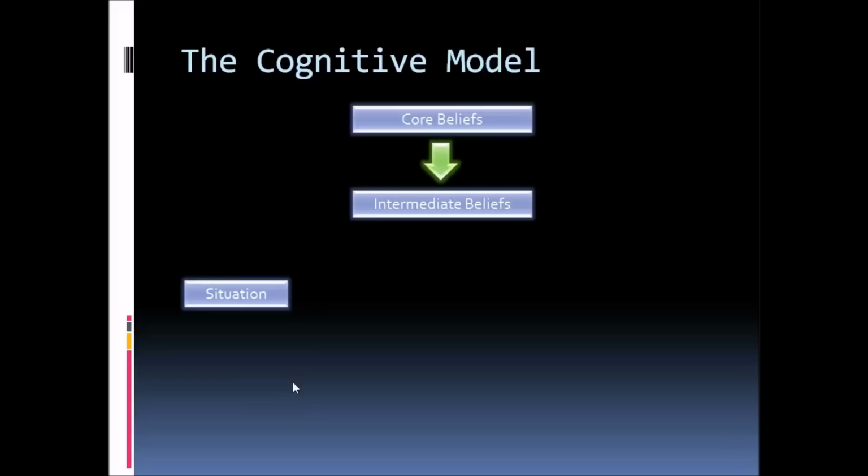So the client has these deeply held beliefs, these core beliefs, that they're unlovable, and probably unlikable as well, and unattractive. So the intermediate beliefs, which would be more the attitudes, the expectations, the assumptions, for a client like this might be that if they're in a situation where there is a female to whom they're attracted, they're going to be rejected if they make any type of advance.